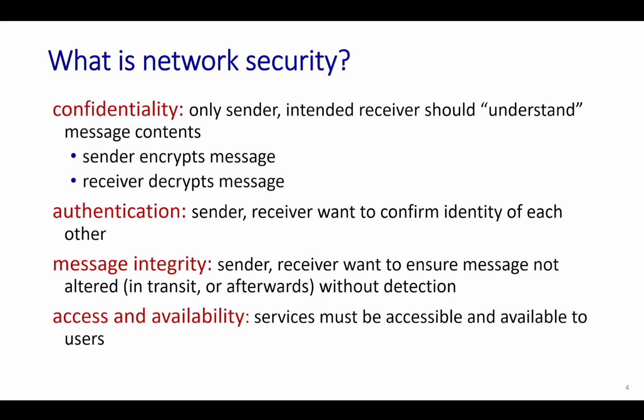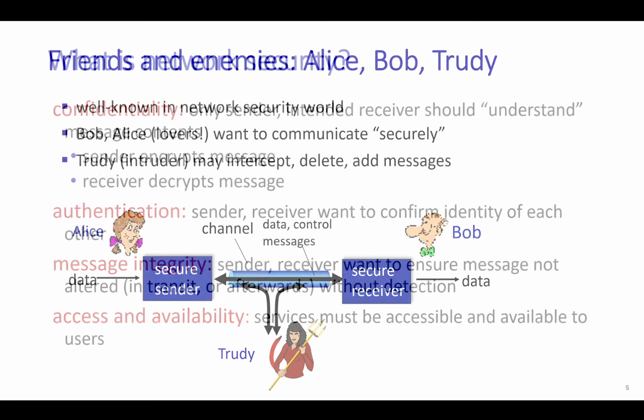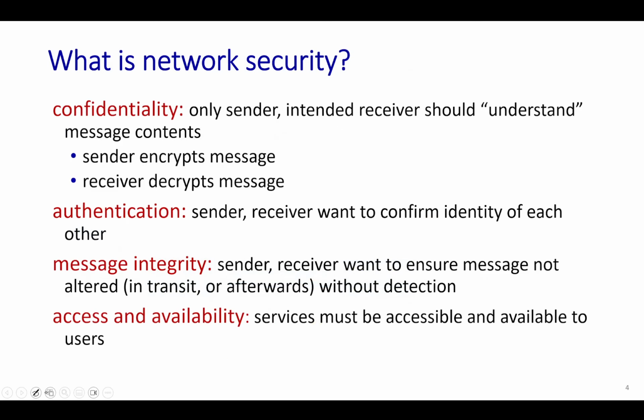Authentication is the verification of the identity of the other entity, so of the sender or the receiver. Message integrity is, again, defined with a not. Basically, confidentiality is defined with a not, so no access for non-authorized users. Integrity means no modification of the message or the data without detection. So you can modify it, but it will be detected.